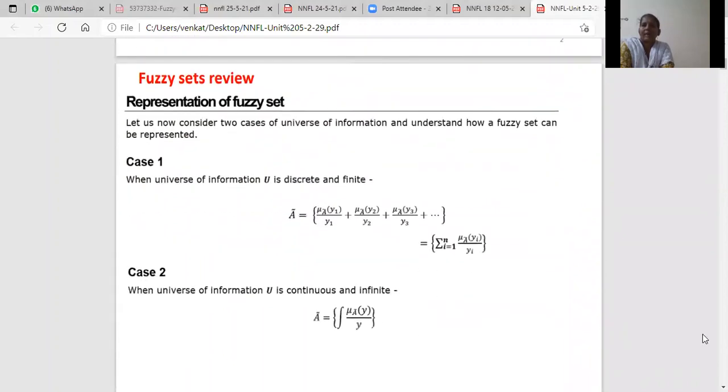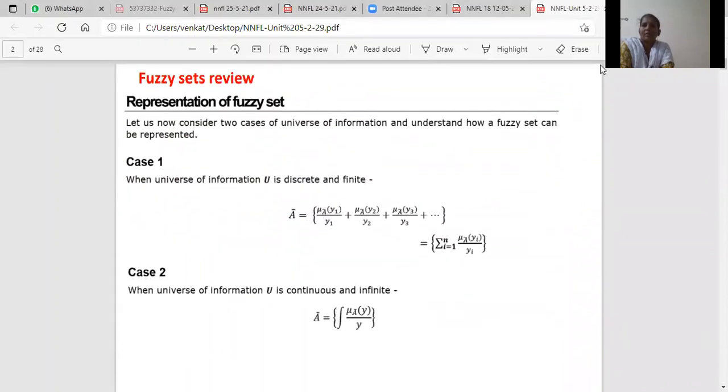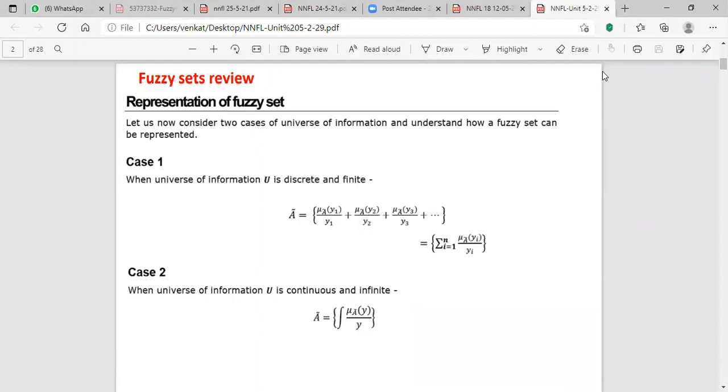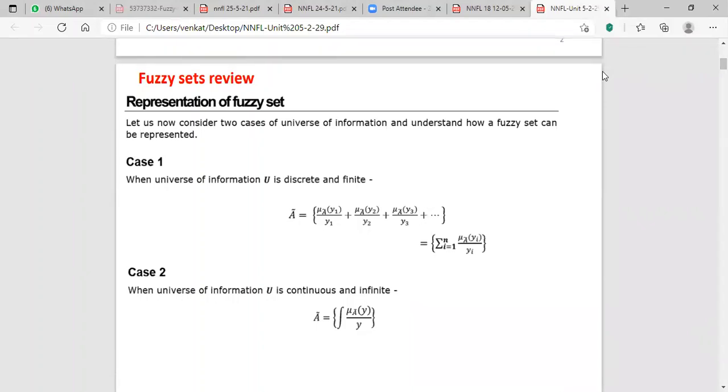So already we have reviewed the representation of fuzzy sets. How a fuzzy set can be represented: either in discrete form or in continuous form, discrete and finite interval, continuous and infinite interval.